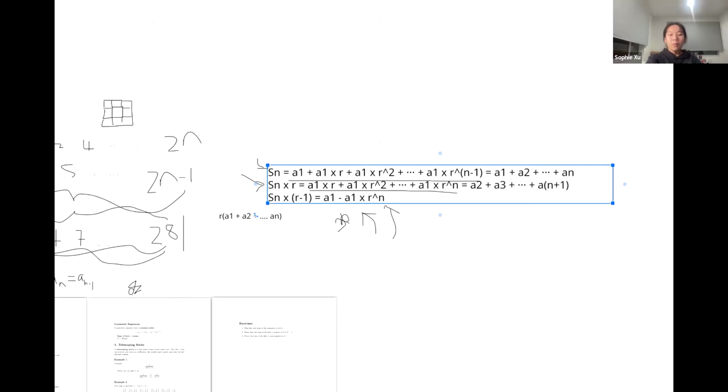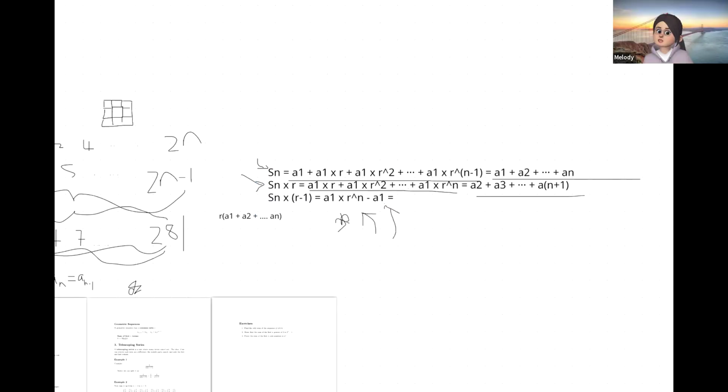A1, right? But what is this also equal to if you take away this from this? Wait, 0. Actually, never mind. This should be right. And then what do you do from here?